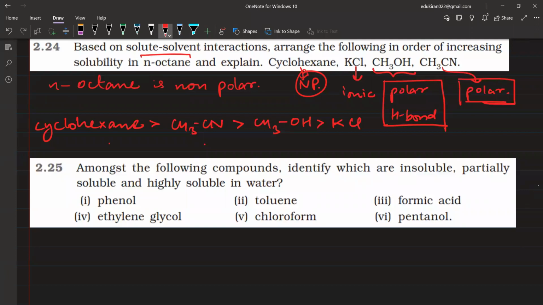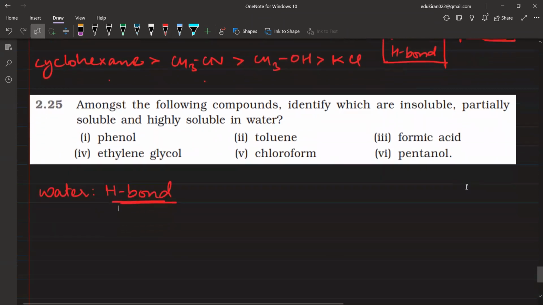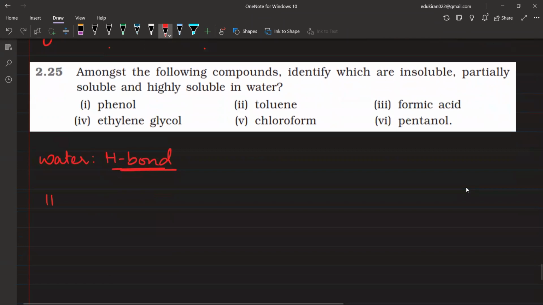ठीक है? Similarly यहाँ पे देखिए, amongst the following identify which are insoluble, partially soluble and highly soluble in water. तो water क्या बनाता है आपके पास? Water forms hydrogen bond. ठीक है? Water is going to form hydrogen bond. तो जहां जहां hydrogen bond होगा, if you will have hydrogen bond in the solute, then they will be soluble.